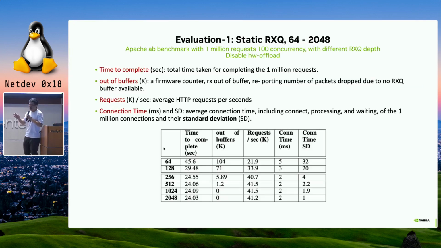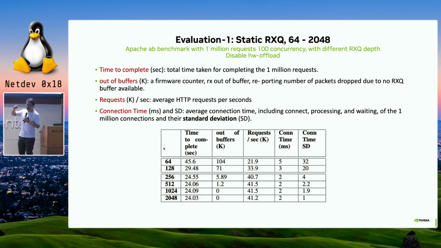We run Apache AB, creating 1 million requests with a concurrency level of 100. We disable hardware flow. We have these 4 metrics to measure. The first one is time to complete, which is important because we want to know the total time to finish the 1 million connections. Out of buffer means the number of packets dropped when there's no RxQ buffer.